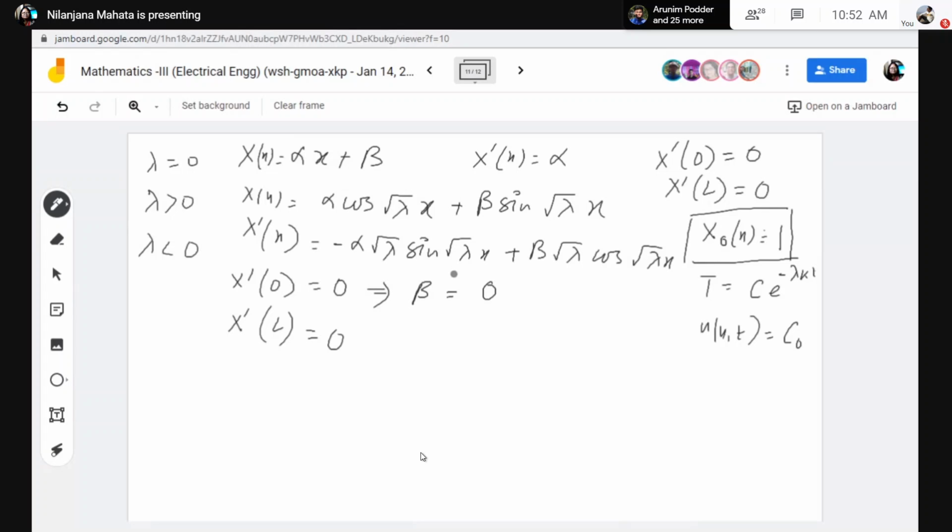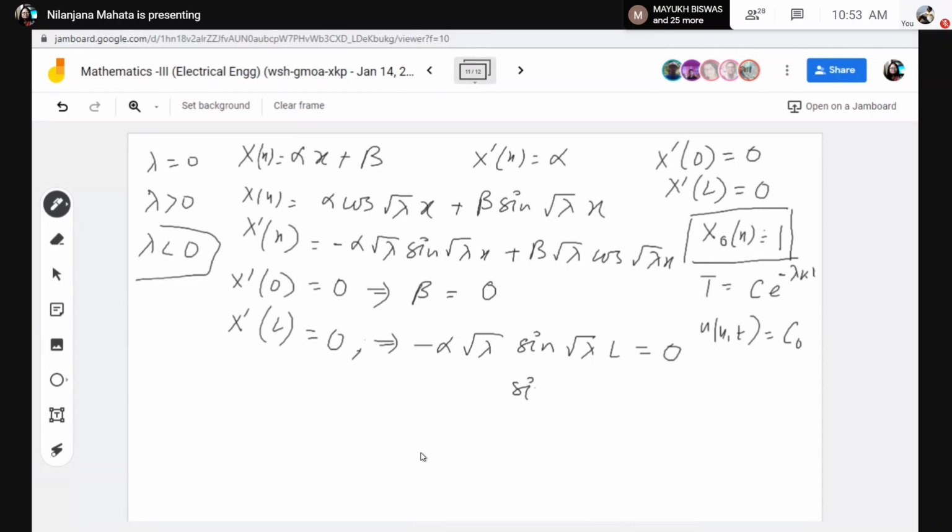Now at L, your beta is 0, so minus alpha root lambda sine root lambda L. We won't take alpha as 0, and lambda is greater than 0, so this term won't vanish, so the sine term should vanish.